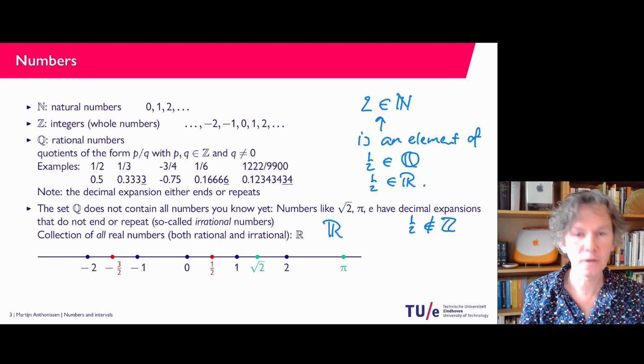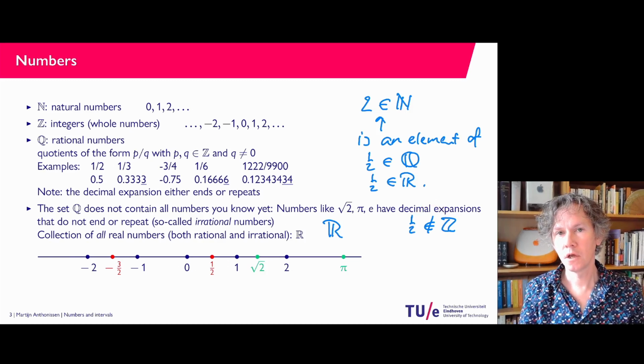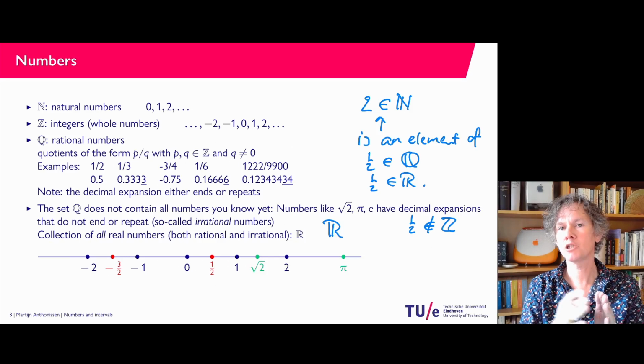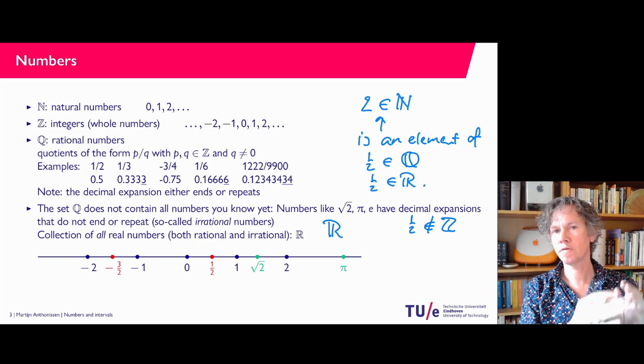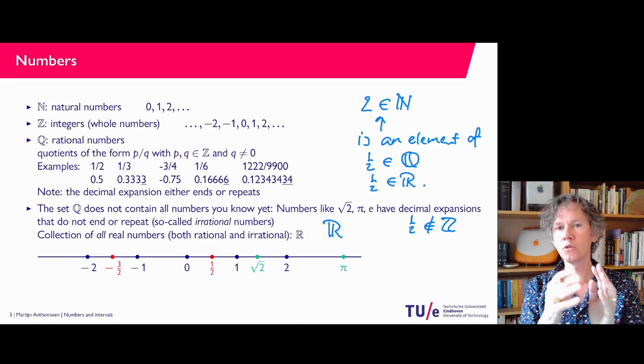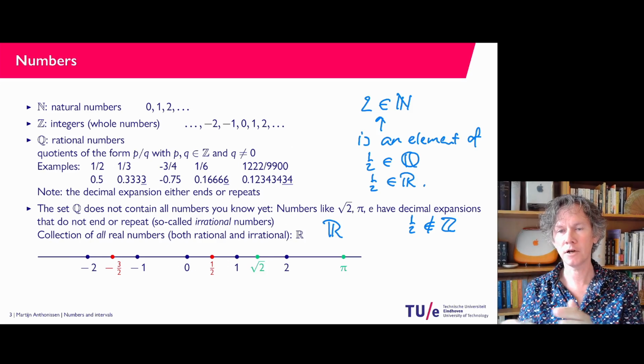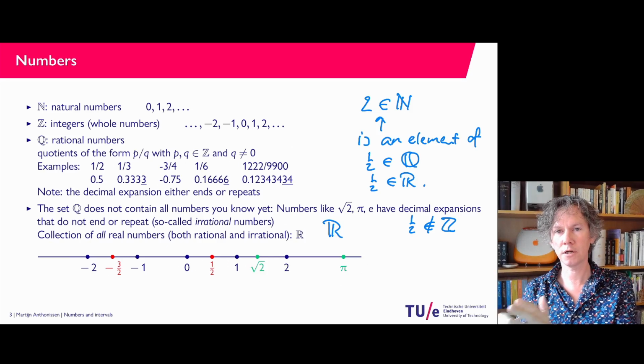And then finally, for notation, you will probably see that I have expanded on the numbers. So I started with the natural numbers. I included the negative ones, so I just added to the natural numbers to get the integers. And then I added the quotients, and then I added the irrational numbers.